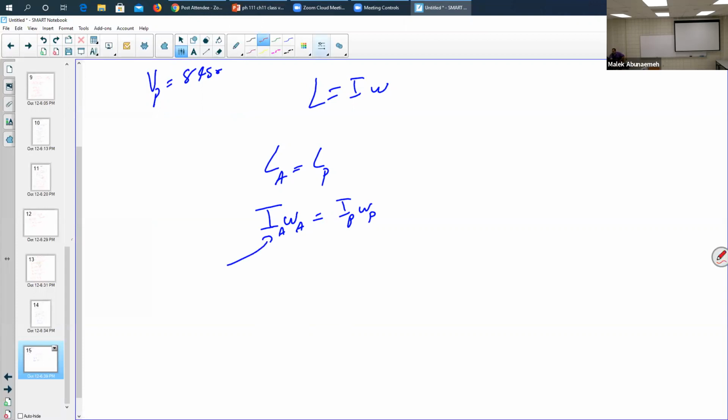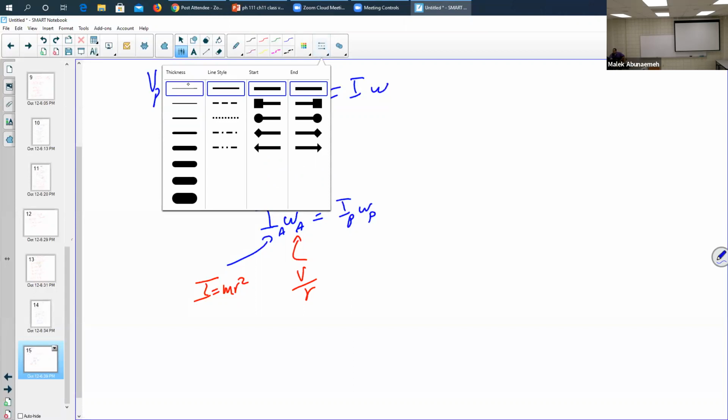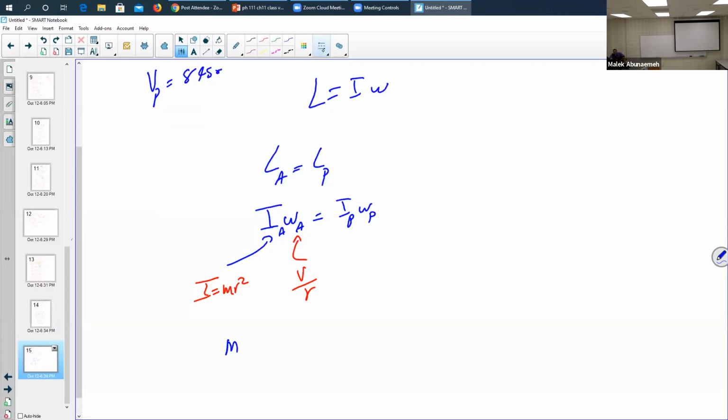Now your I is MR squared, and your angular velocity is really V over R. That means M RA squared, again, we're doing this for A, VA over RA is going to equal M RP squared VP over RP. Well, hold up.